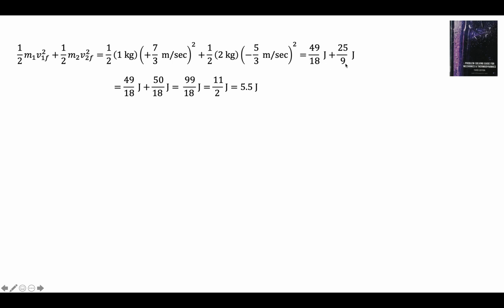That's 49/18 and 25/9. Need a common denominator here, that's 50/18. We add them up, we get 99/18. Divide by 9, that's 11/2. 11/2 is 5.5 joules, which is the same as the initial kinetic energy. So kinetic energy is conserved.